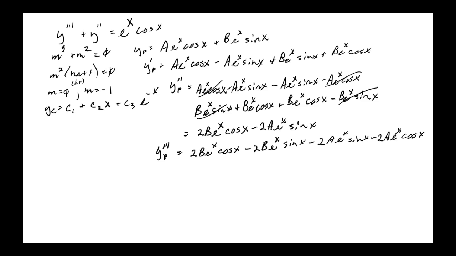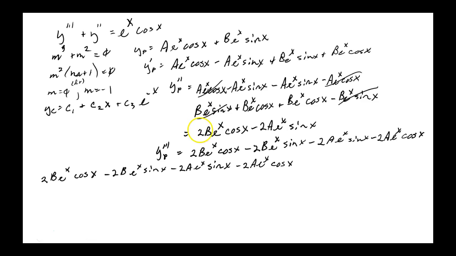Now, for that super long equation, it's y triple prime, which is the thing we just wrote, so I'm going to start it way over here. 2b e to the x cosine x minus 2b e to the x sine x minus 2a e to the x sine x minus 2a e to the x cosine x. That's y triple prime.